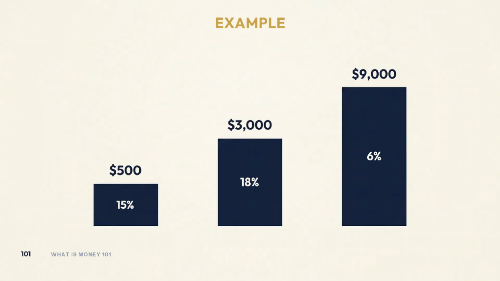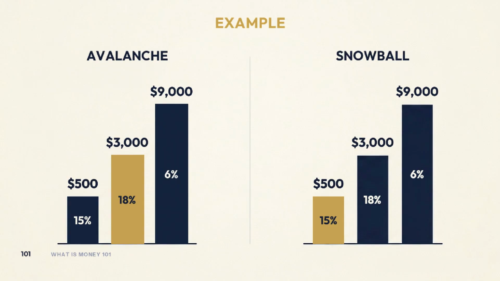Here's a quick example. Say you have three debts: a $500 balance at 15% interest, a $3,000 balance at 18%, and a $9,000 balance at 6%. The avalanche method says attack the $3,000 balance first, since 18% is the highest rate. The snowball says attack the $500 balance first, since it's the smallest.